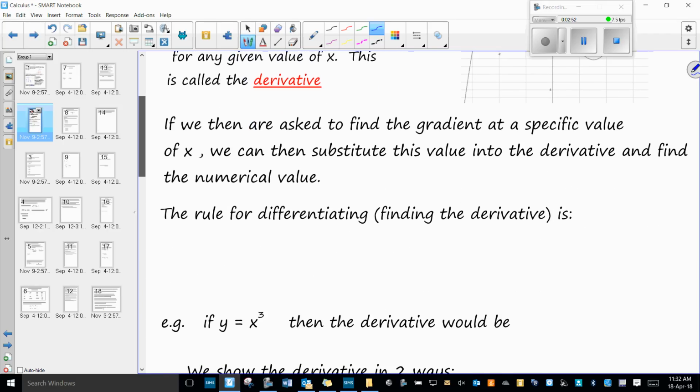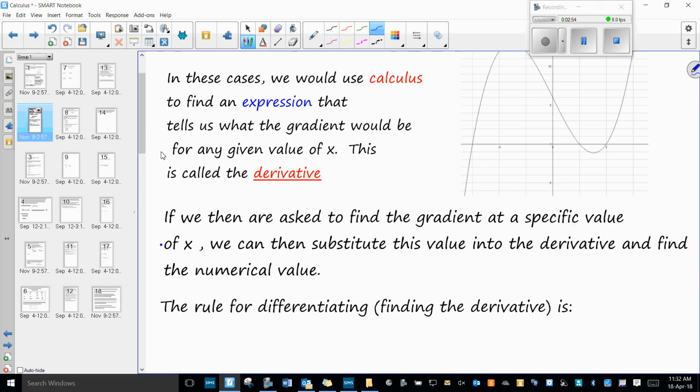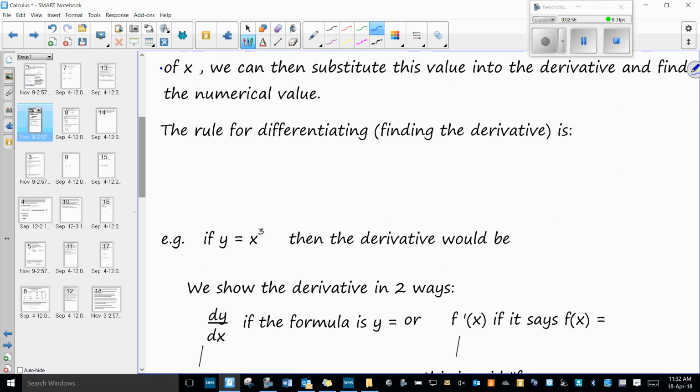All right, so the rule for differentiating. Remember, you did learn it last year. So what was the rule for differentiating? What do we have to do? It's going to be called dy over dx. But how do we actually do it? What's the process? Power goes to the front.